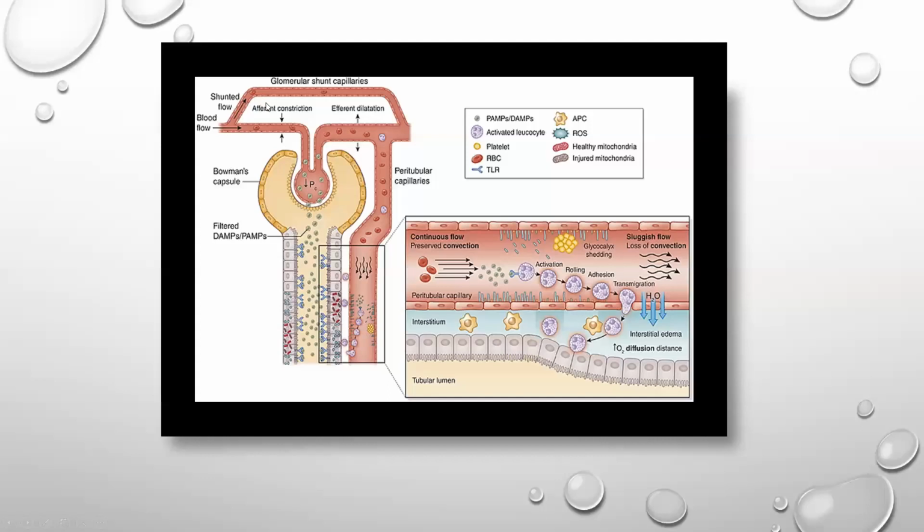This glomerular shunting will reduce the amount of blood coming here, and then this will reduce the glomerular filtration rate, and then your patient will start to have low urine output, and then he will manifest all the features of AKI, having increased phosphate level, increased creatinine, increased urea, and the patient might also need dialysis because of all this alteration that happened during septic shock.